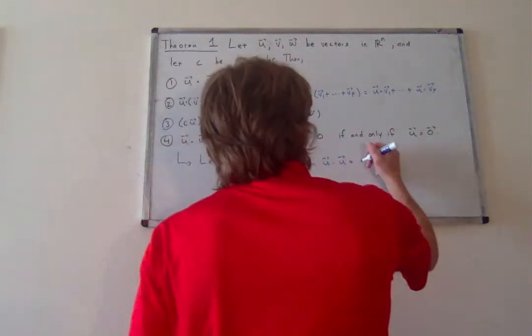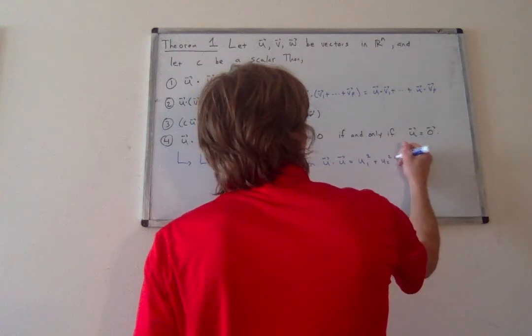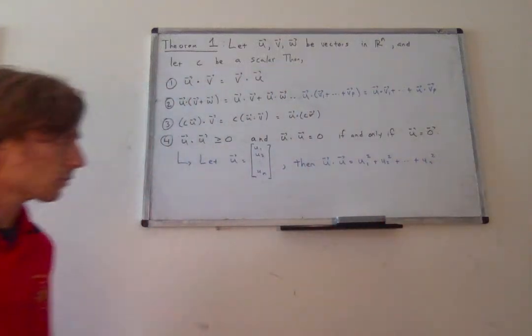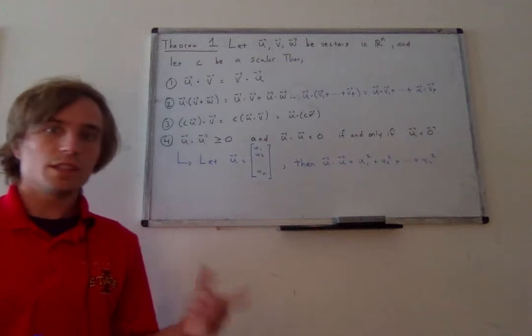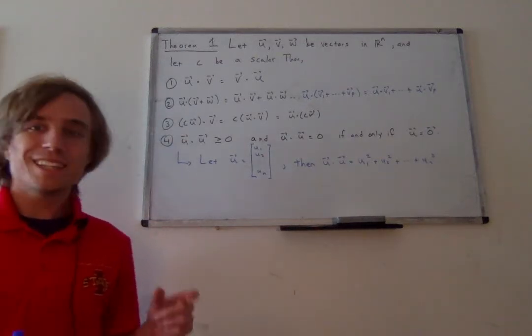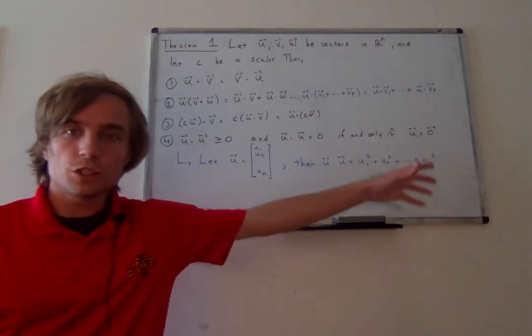So this dot product is equal to u1 squared plus u2 squared all the way out to un squared. So when I take the dot product of u and itself, I get a sum of a bunch of squares.